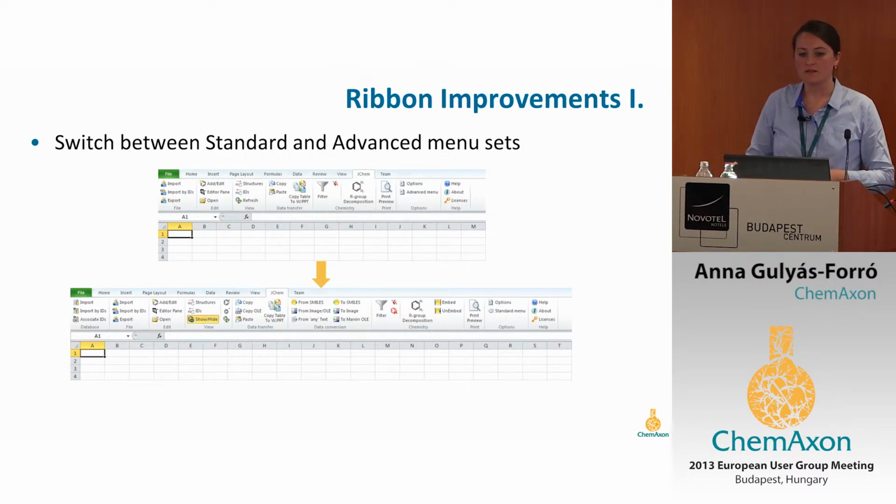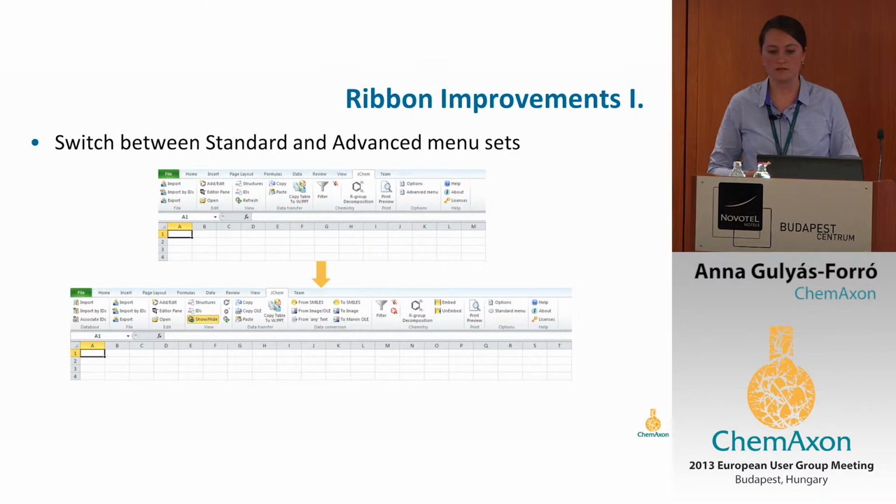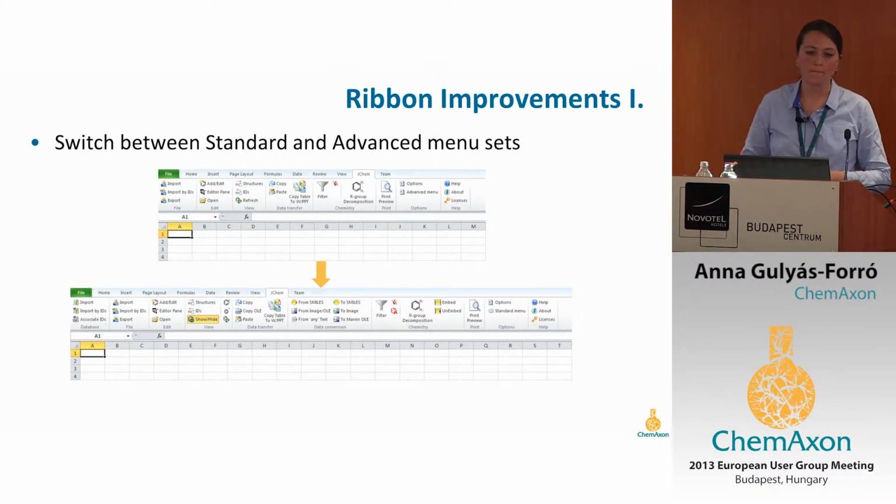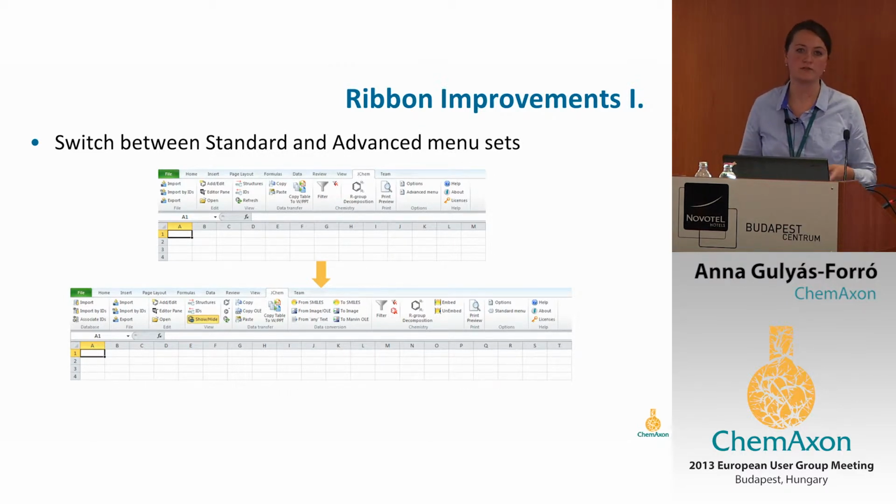Here you can see a screenshot of the advanced and the standard ribbon menu sets. The standard has only basic functions for those users who are not really experts of the product.